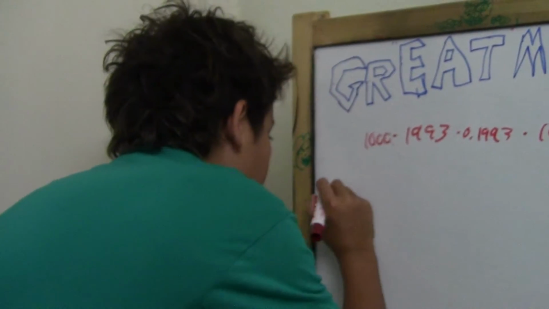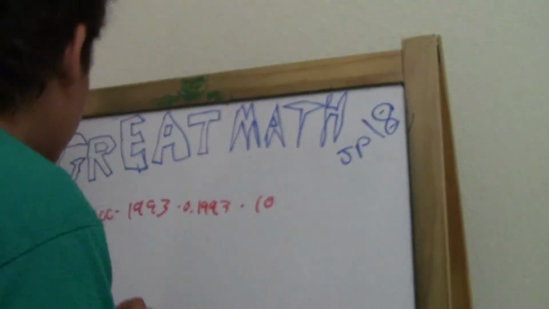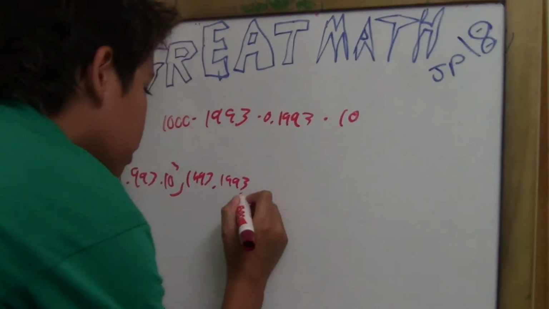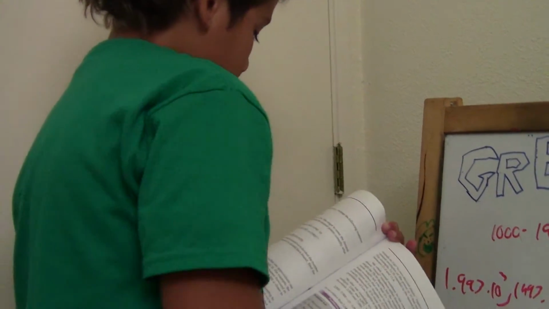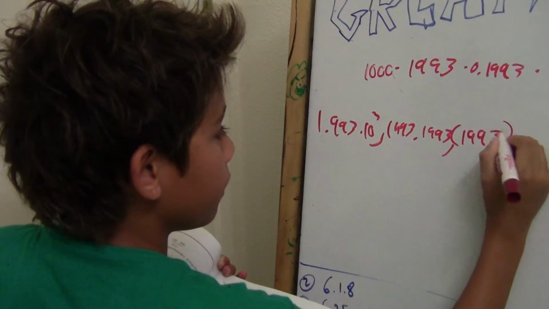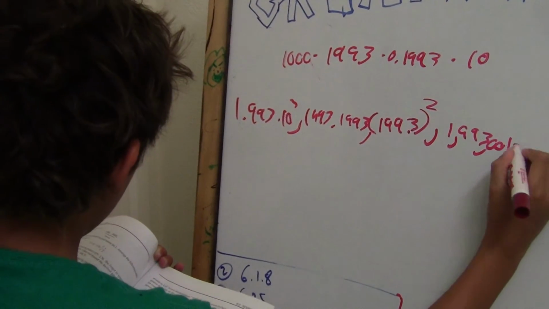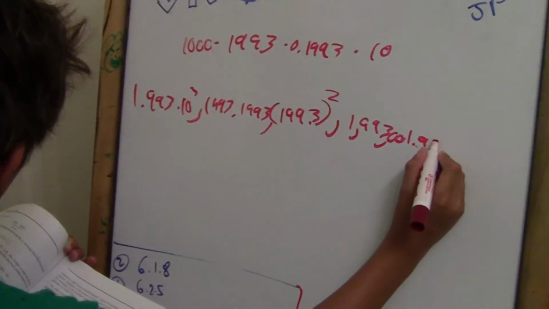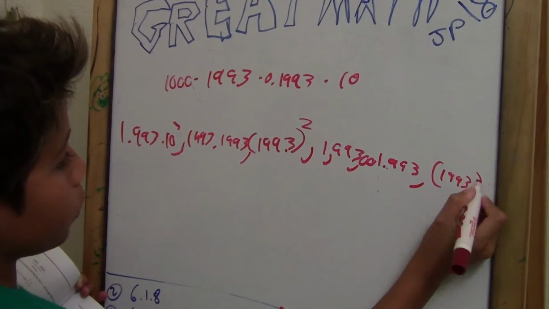1.993 times 10 to the power of 3, 1993.1993, 199.3, 1,993,001, 0.993, or 1993 squared.